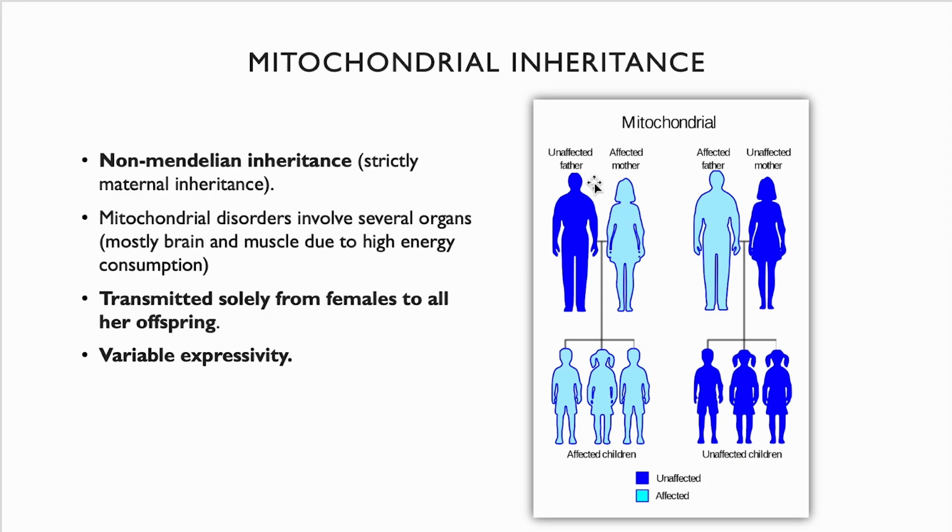If you have an affected mother, all the kids will be affected. If you have an affected father, none of the kids are going to be affected. And these conditions have a variable expressivity. Some people are going to manifest with mild symptoms, moderate or more severe symptoms.